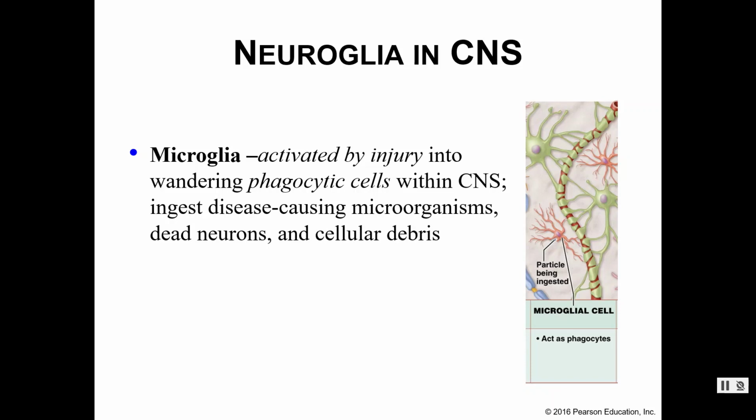You can see the picture's a little bit small, but the microglial cell is this pinkish cell, and this tiny little purplish dot is being ingested by the microglial cell. Admittedly, this is very tiny, a little hard to see, but he's eating something, I promise. So these are phagocytes.